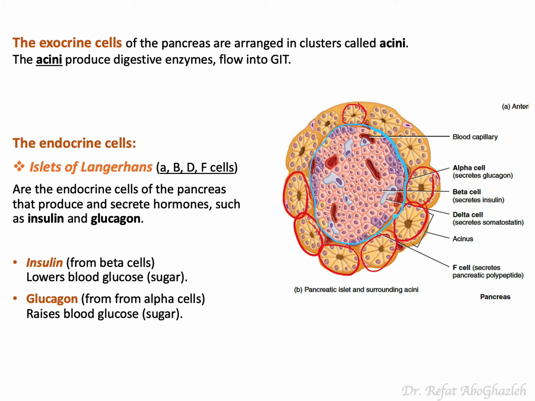And here, guys, most importantly, look at the abundance, the numerous number of beta cells that are responsible for secreting insulin. Very important. That means beta cells are responsible for insulin, but alpha cells, as you see here, which are fewer in number than beta, secrete glucagon. Insulin lowers the blood glucose in your blood, but the glucagon raises the blood glucose.